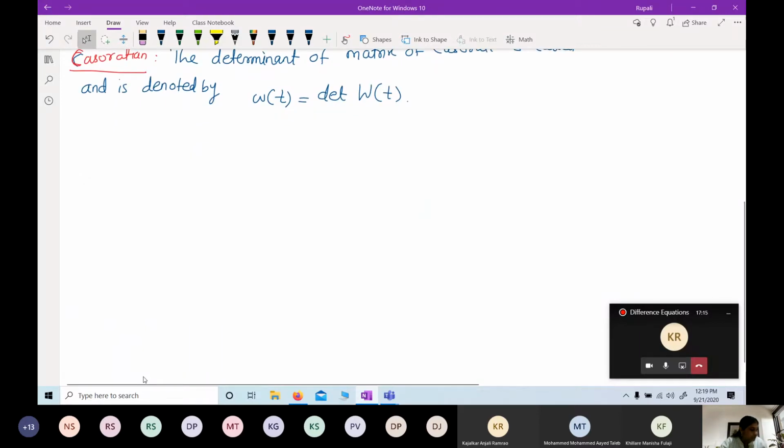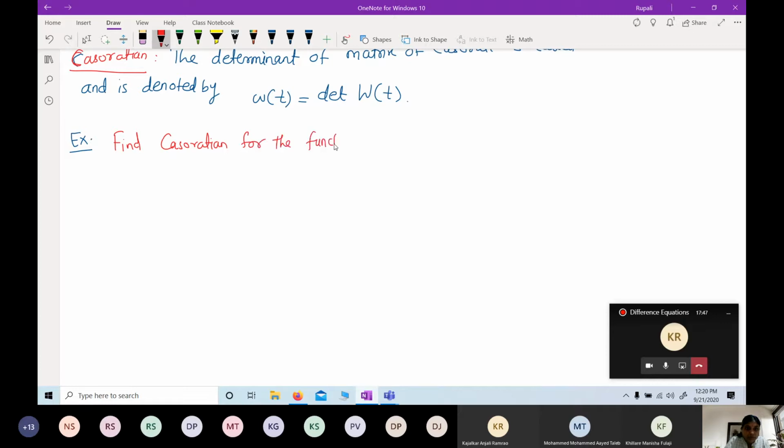So first we will have some questions. Example: find the Casoratian for the functions u1(t) = 2^t, u2(t) = 3^t, and u3(t) = 1. Now I have three functions and want to find the Casoratian.